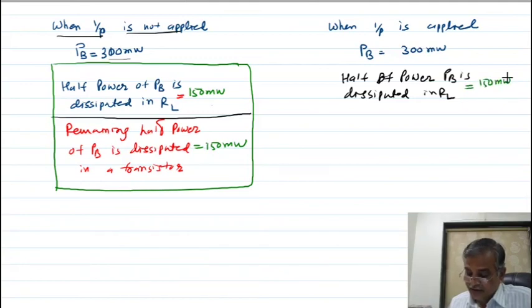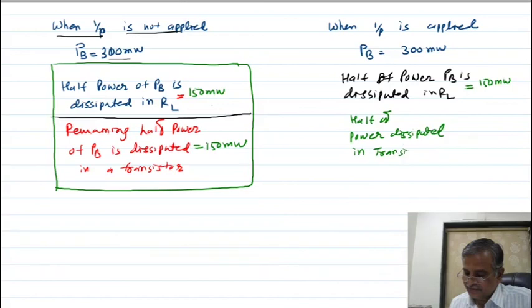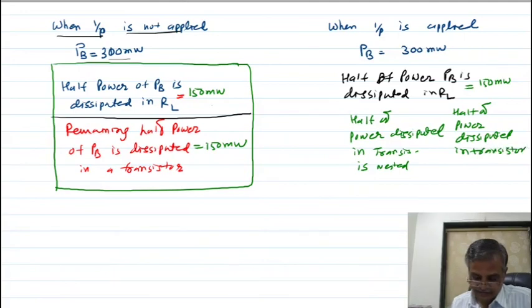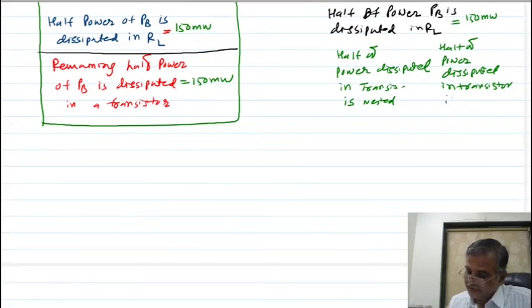And half of the power dissipated in the transistor is wasted, and half of the power dissipated in the transistor is converted into PAC.